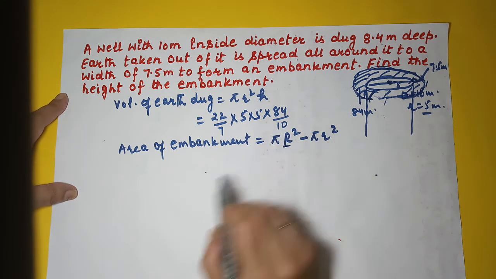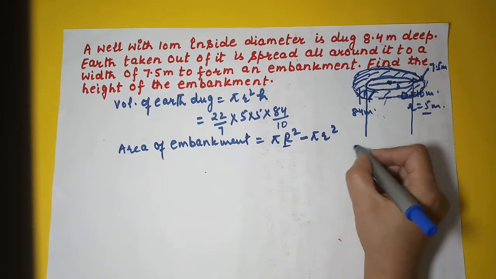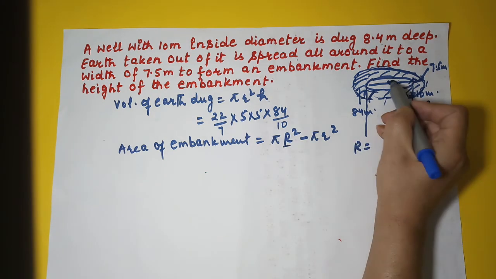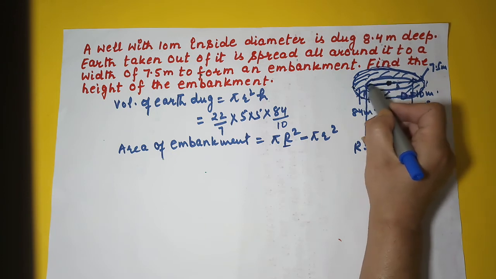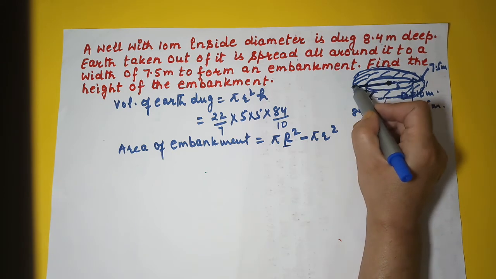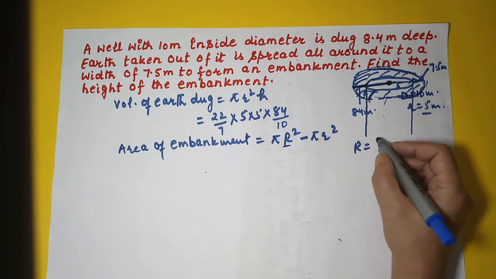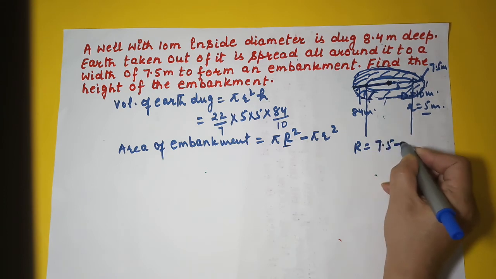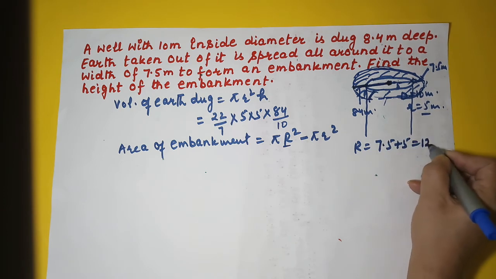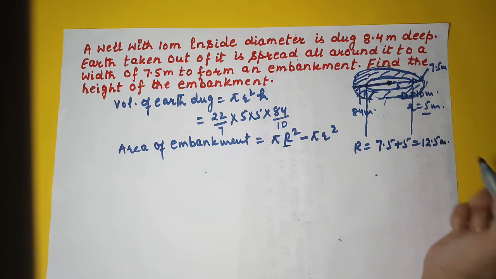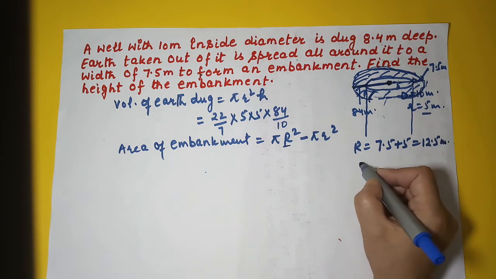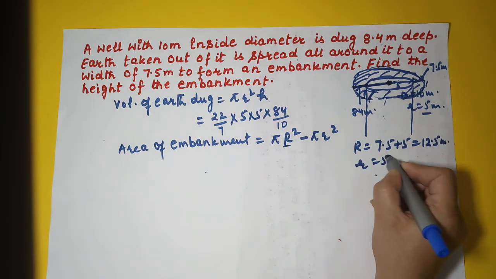Now how do I calculate this R? It can be calculated from this to this. This to this it is 5, and the 7.5 meter width is to be added to this. So it will become 7.5 plus 5, that is 12.5 meters.